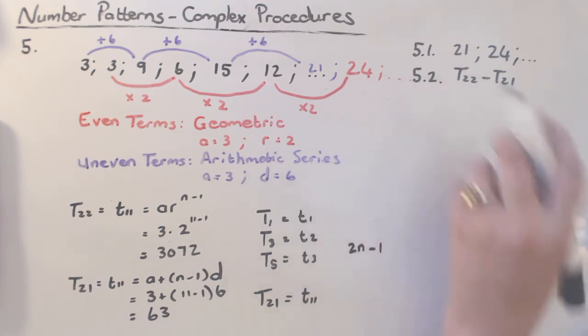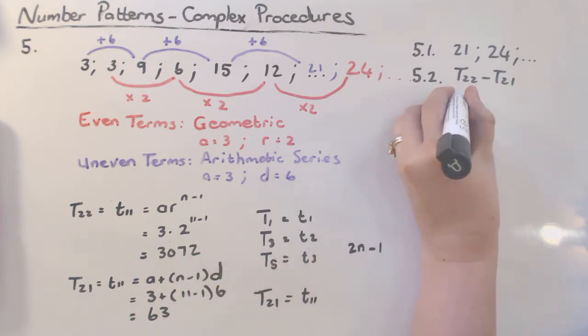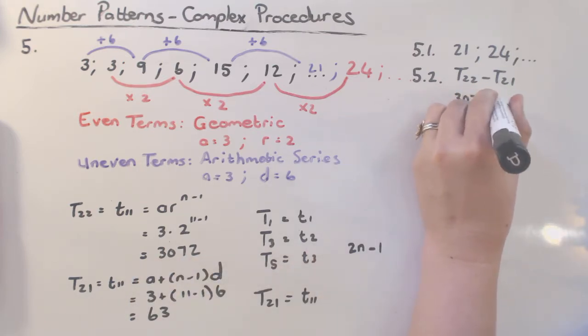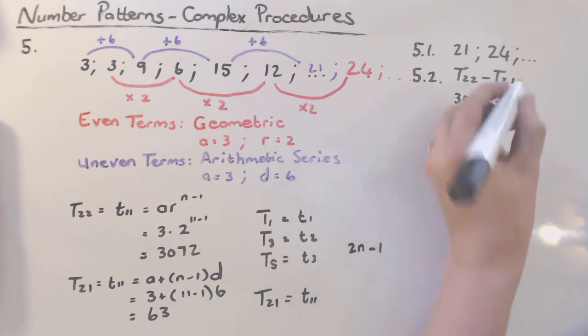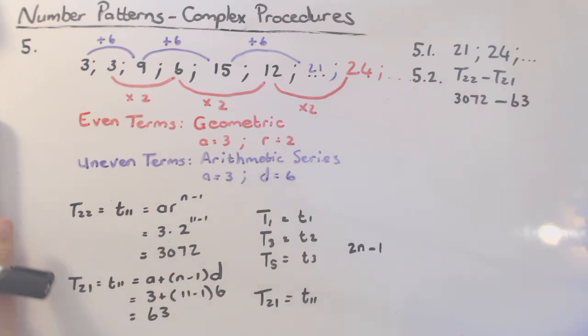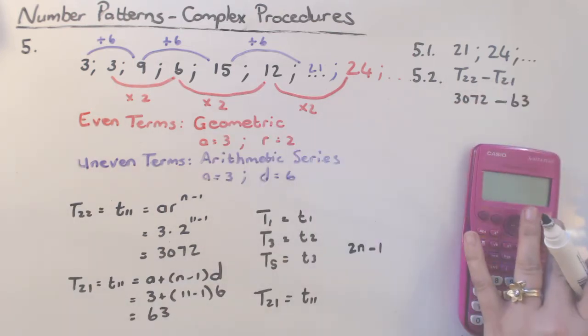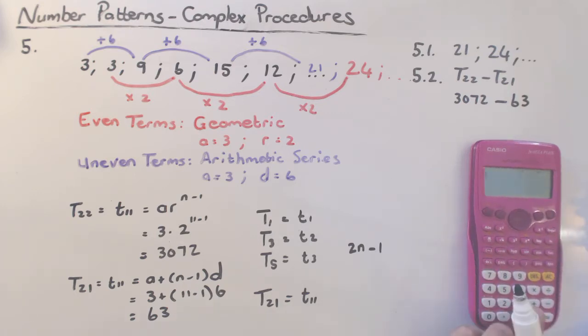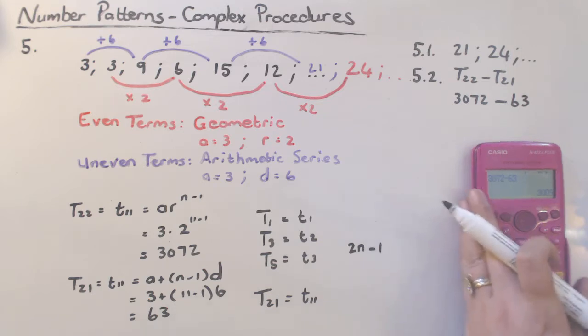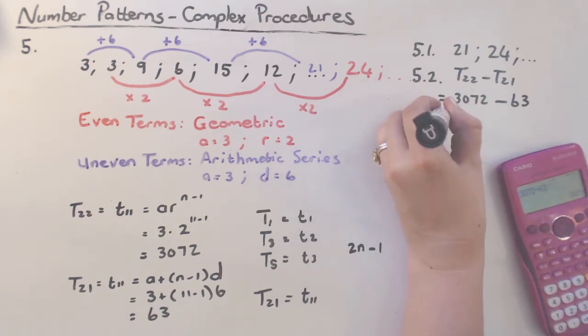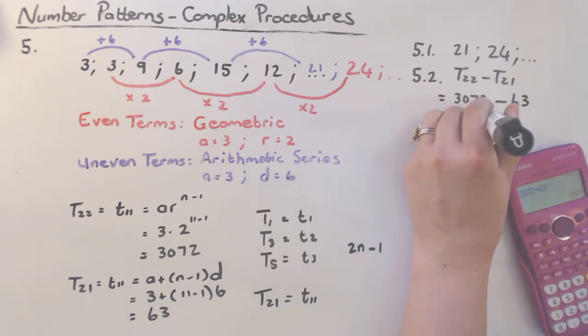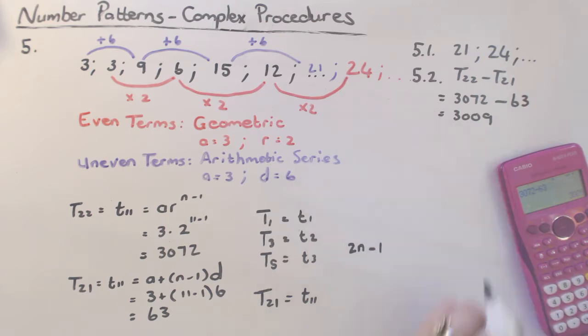Right, so term 22 is 3072 minus term 21 is 63. And then I can just quickly, I think it's 3009, but let me just make sure. Yeah, that would then be 3009. Alright, so that's question 5.2 for 6 marks.